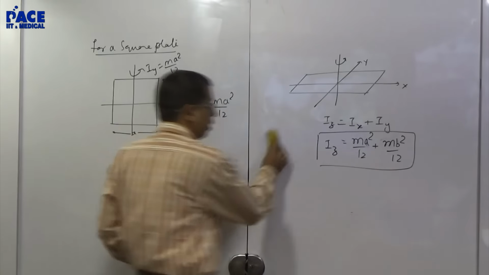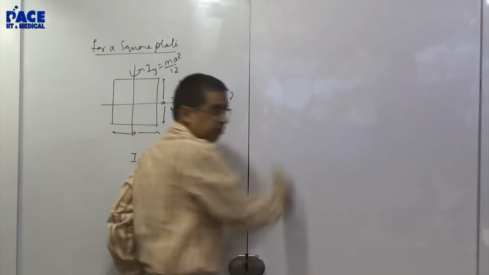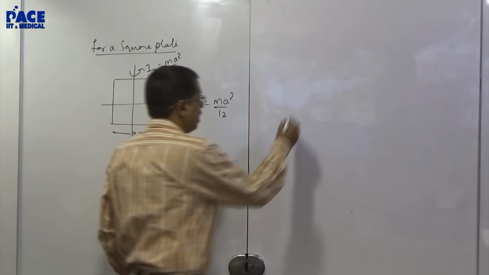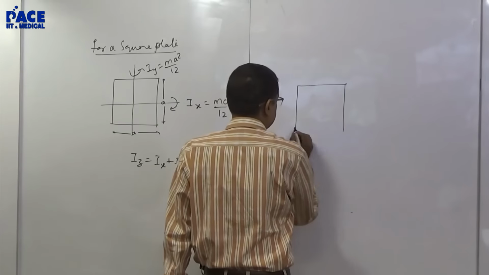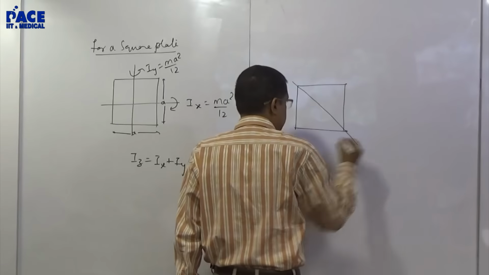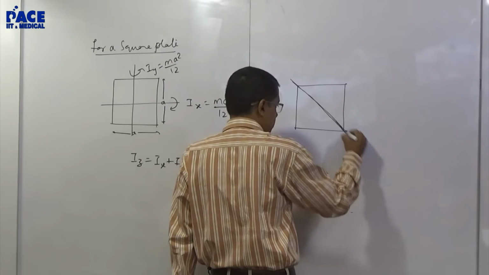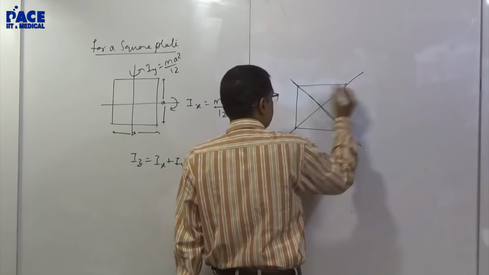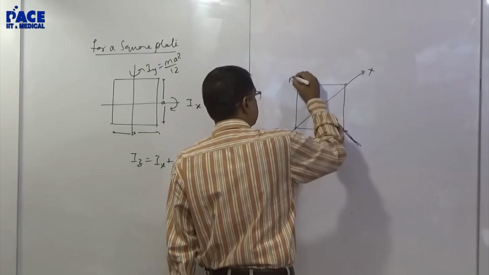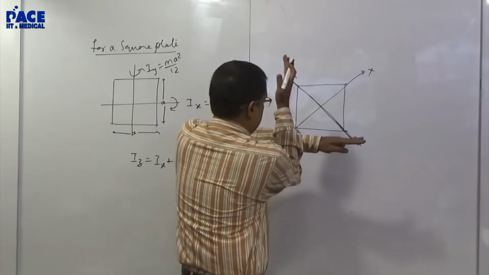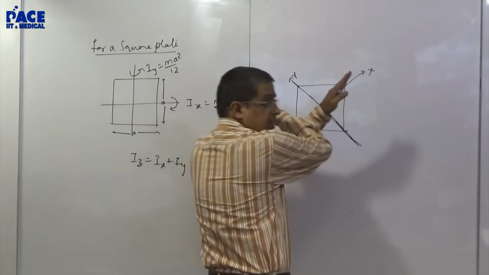Interestingly enough, they just play with the students. They ask what will be the moment of inertia for a square plate about this axis. About this axis. They are actually playing a practical game with you people. This is x-axis, y-axis, z-axis. X and y can be this way, they can be this way.